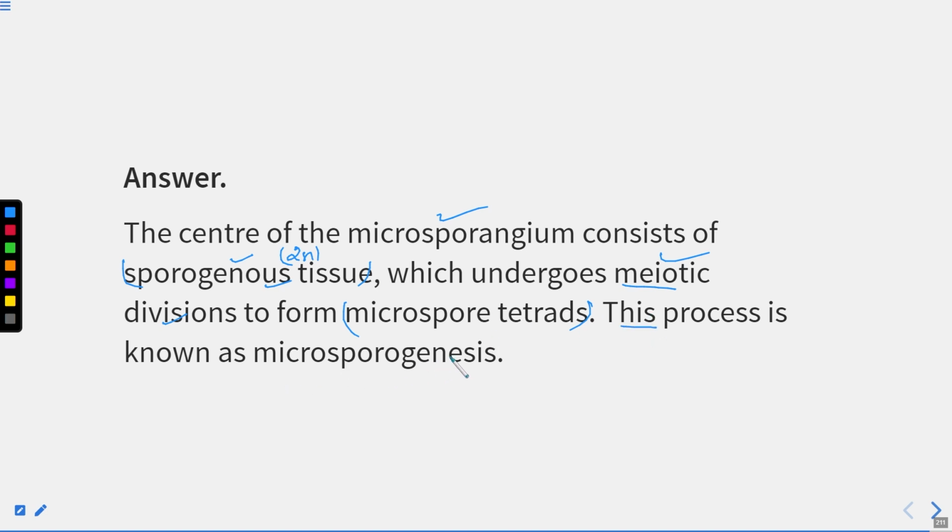This process is known as microsporogenesis. Formation of microspores with the help of meiosis is known as microsporogenesis. This is clear, and microspores will further form pollen grains. Pollen grains will further form male gametes, which are released inside the ovule. Then they will enter the embryo sac and carry on the fertilization. So this is also clear.